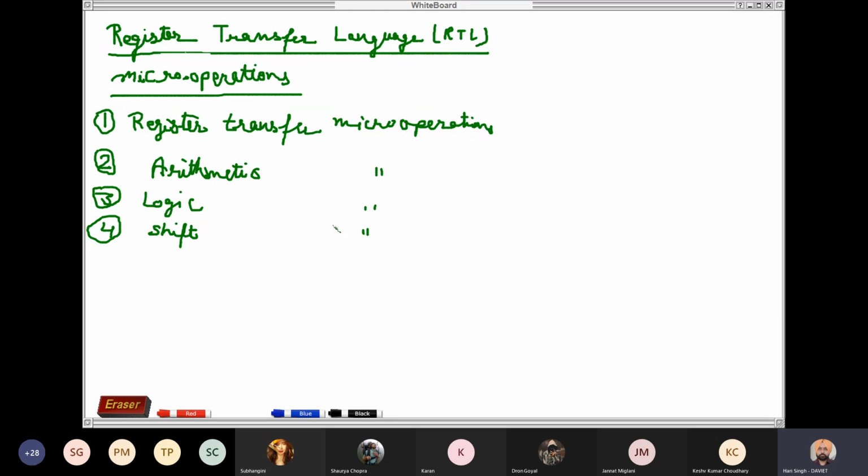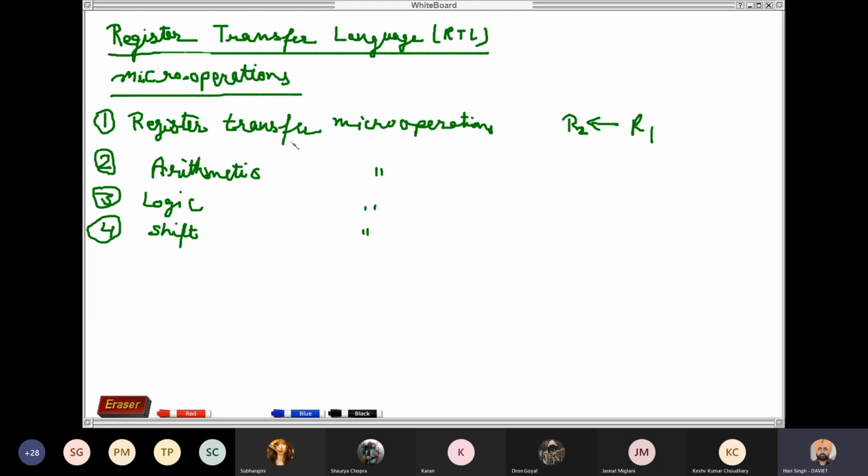We have already discussed the register transfer operation. An example is R1 arrow towards R2, which means the contents of R1 are transferred to R2. In most of the logical and arithmetic operations, the register transfer micro operations are also included.